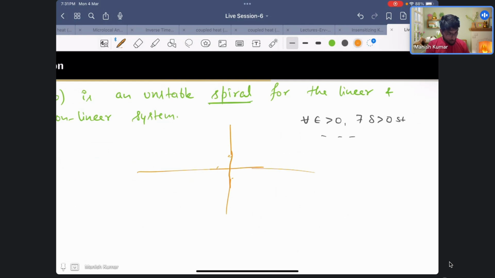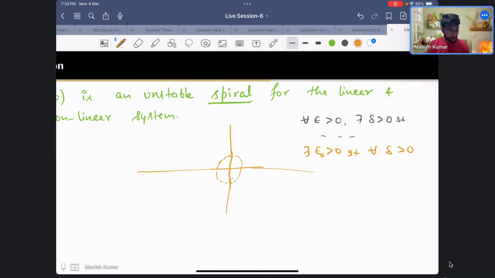It is unstable. I mean, the equilibrium point (0, 0) is unstable. That means there exists some epsilon neighborhood. Okay, the negation of this: there exists epsilon naught greater than 0 such that for all delta greater than 0, the solution moves away from this epsilon.